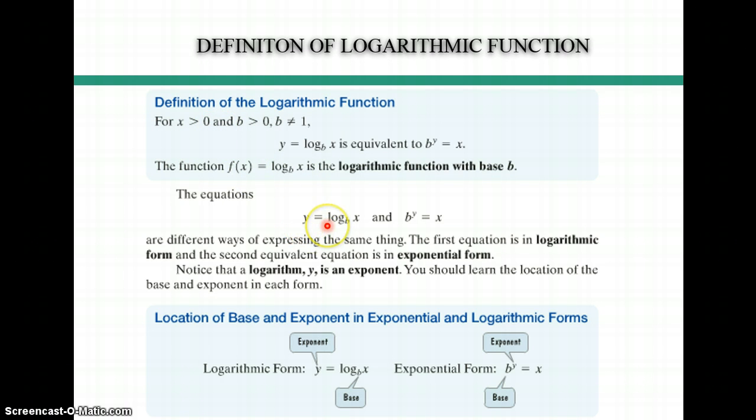Y equal to log base b of x is the logarithmic form of equation. B to the power y equal to x is the exponential form of equation.